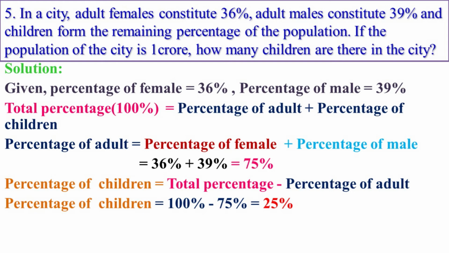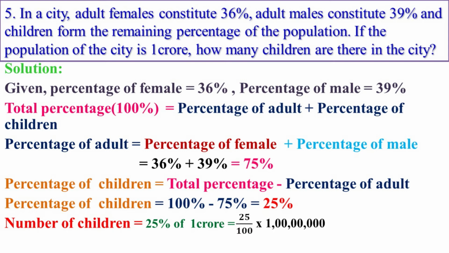But they asked us to find the number of children. Here, we know very well that we can find the solution. Number of children is equal to 25% of 1 crore. 25% can be written as 25 by 100 into 1 crore.